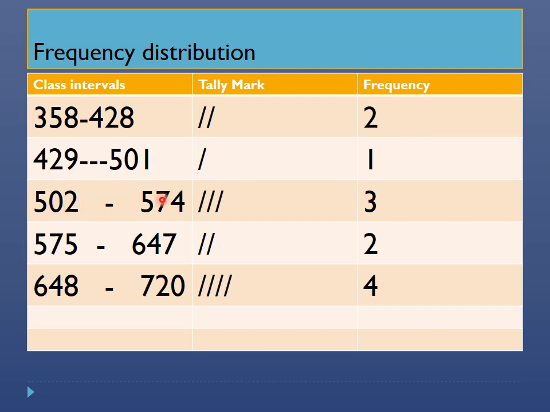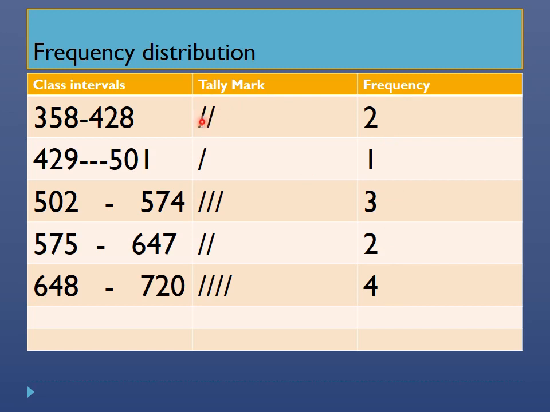Similarly, we observe in our given data, already arranged in ascending order. 502 to 574, 3 values come in this interval. 2 values come in the next interval, 575 to 647, and 648 to 720 has 4 values. The values that fall within an interval are called frequencies, and it is usually noted by a small f.